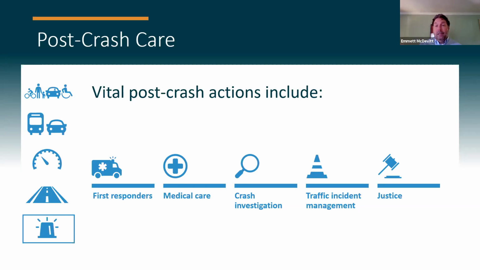We need to get legislation on the books here in New York for quick clearance to get those vehicles off the road. And we need to make sure that when we investigate crashes, all the details are there so the engineers, the DOH, and the hospitals can gather that information and know how to respond more appropriately and quicker.